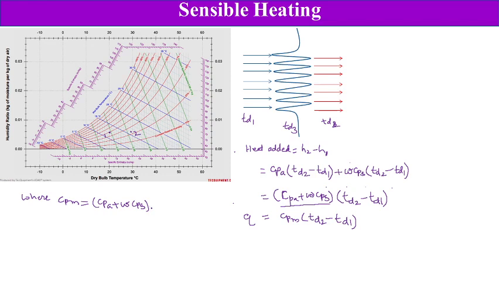CPM is known as humid specific heat, and this value of humid specific heat is generally equal to 1.022 kilojoules per kg Kelvin.